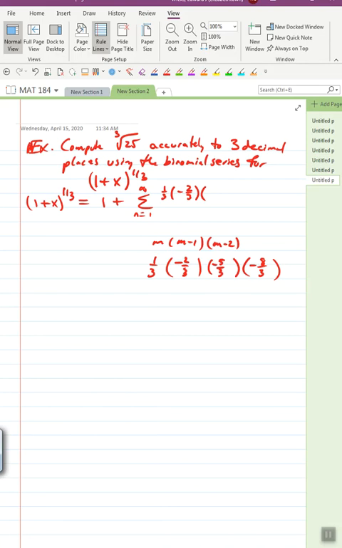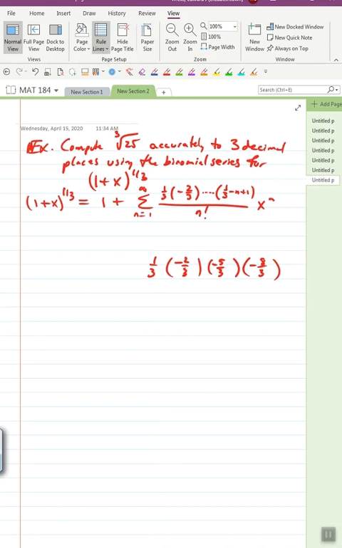So what we're saying in general here is what? This should look like 1/3 times negative 2/3 down to the usual 1/3 minus n plus 1, over n factorial, x to the n. There's our general Maclaurin series formula. I'm just writing it down.